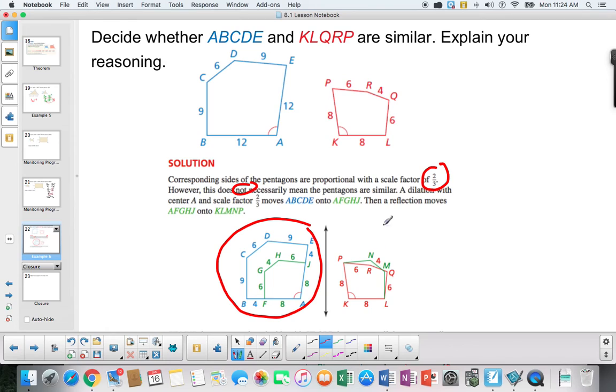But unfortunately, angle N and angle R right here, these two angles don't necessarily have to be the same. Notice how this angle right here isn't quite the same as this one. All right. So the lesson to be learned here is even though sides have the same ratio, you also have to consider angles. The angles have to be congruent.